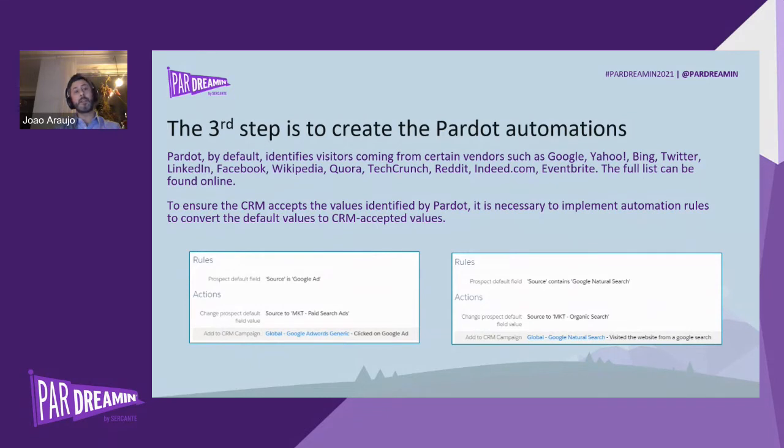Now, if these fields are not mapped to your CRM, and you have limited the values in the CRM to only accept the values that you have created, you need to have these automation rules to move from the Pardot default sources to the sources that you are using. And in the process of doing so, you can also take the opportunity to add them to campaigns, as I have here in this example. So in one go, you're doing your lead attribution, but you're already thinking about your campaign contribution.